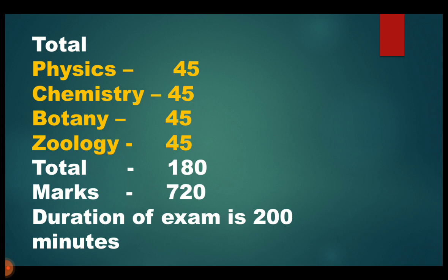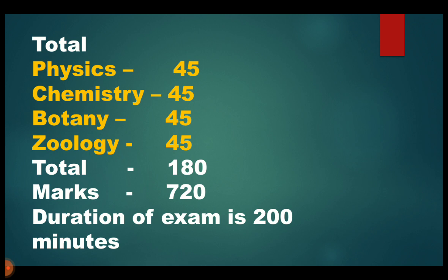So here I have shown subject wise 45, 45, 45, 45. Don't get confused again. In the question paper you will get 35 plus 15, that is 50 questions, but I have considered here whatever marks you are going to get in the final result, which depends on the answers you choose in part A and part B. In part A, you attempt the compulsory 35 questions. In part B, out of 15, you should attempt 10.